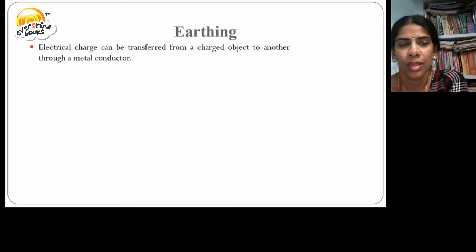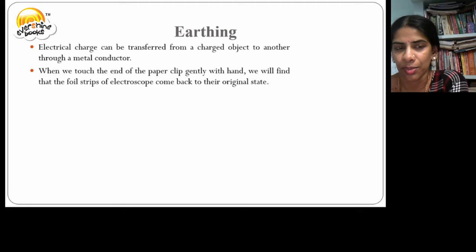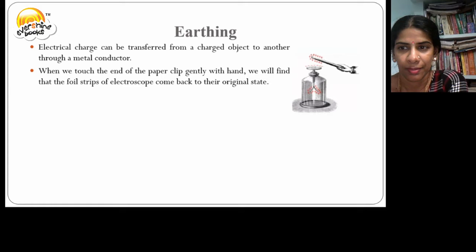Earthing. Electrical charge can be transferred from a charged object to another through a metal conductor. When we touch the end of the paper clip gently with a hand, we will find that the foil strips of the electroscope come back to their original state. We repeat the charging of foil strips and touching the paper clip.